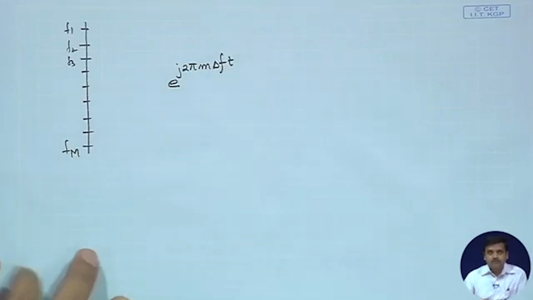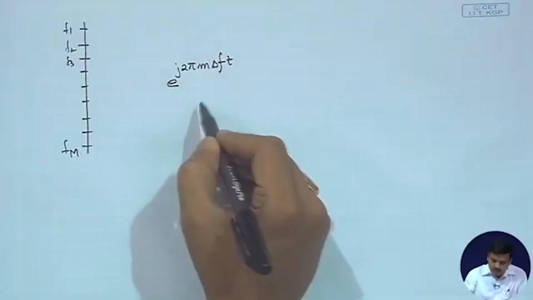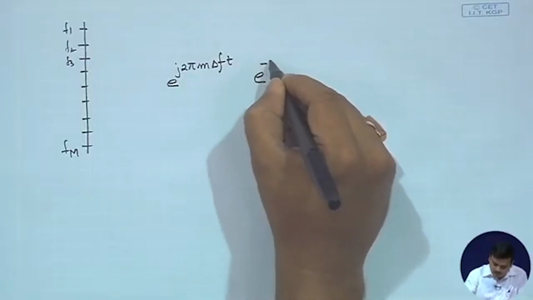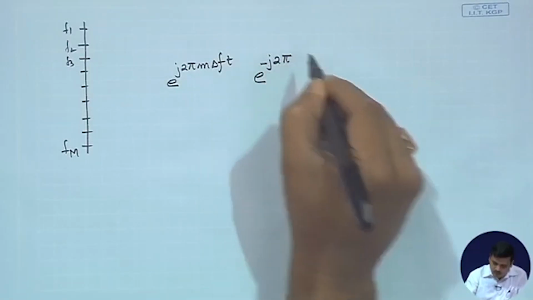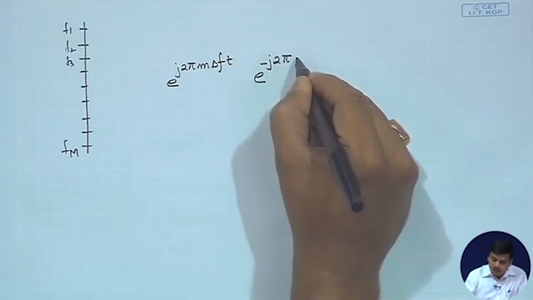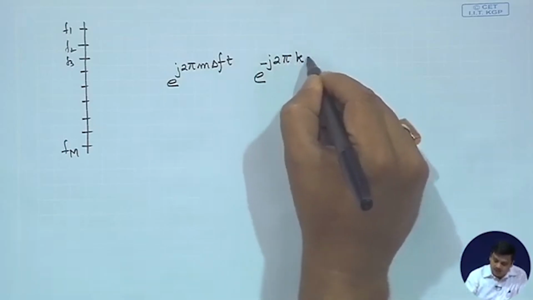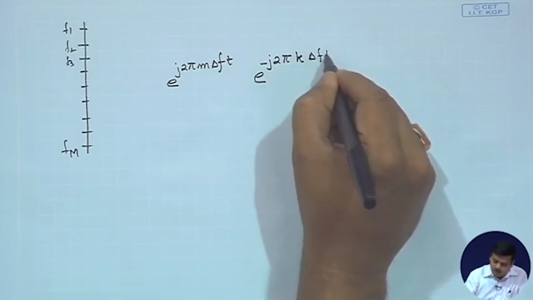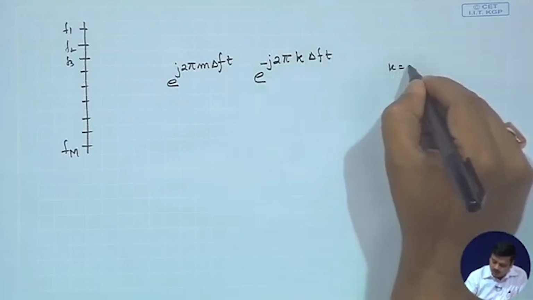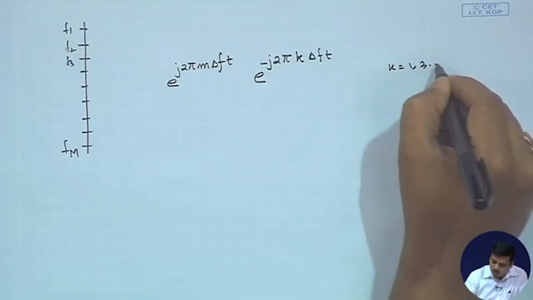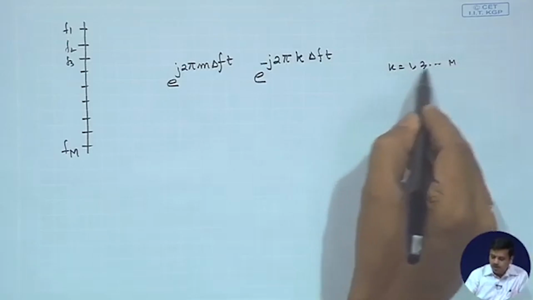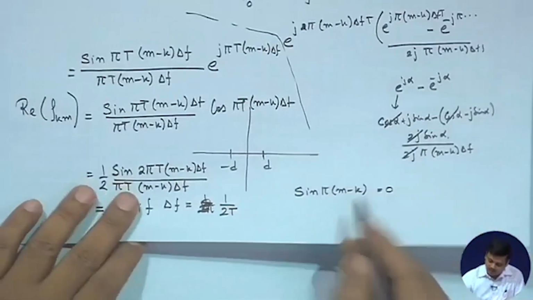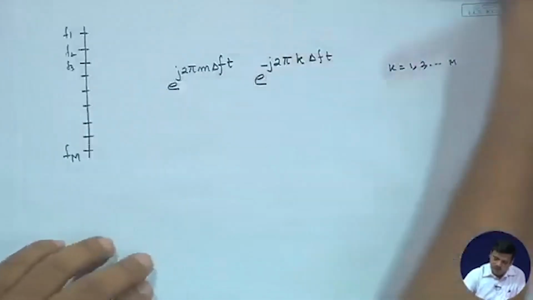At the receiver, how we demodulate, or identify which particular signal is present or not, is that we can correlate this with another frequency, that means all frequencies, so k is equal to 1 up to m. So, we will correlate for all values of k.